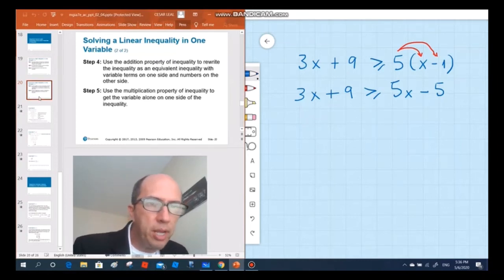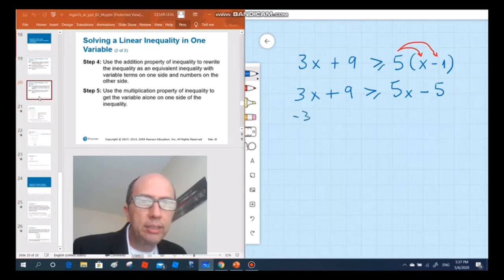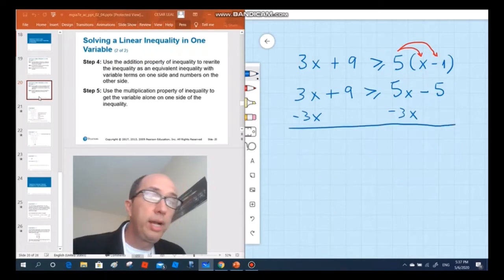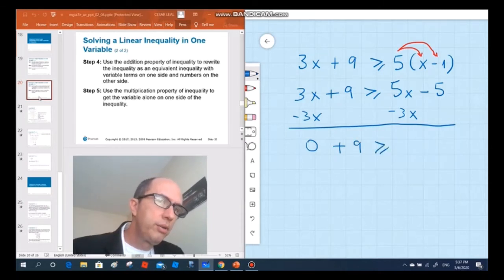First we need to isolate the x variable in one side. So let's subtract 3x from both sides. 3x minus 3x 0 plus 9 greater or equal than 5x minus 3x 2x minus 5.